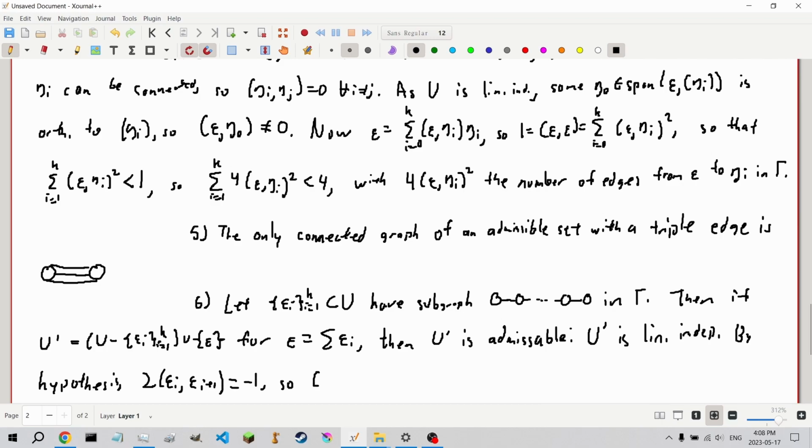So the form of epsilon with itself is k plus the sum for i less than j of (epsilon_i, epsilon_j), which is equal to k minus (k-1), which is obviously 1. So epsilon is a unit vector.